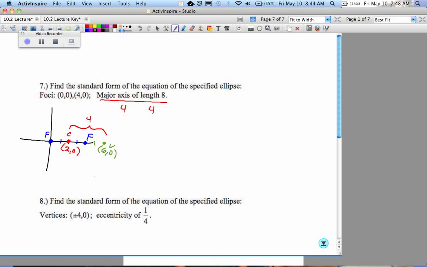So this is definitely a horizontal ellipse. When I write my center stuff, I would say x minus 2 quantity squared plus y minus 0 quantity squared, both over fractions, and we're going to set it equal to 1.